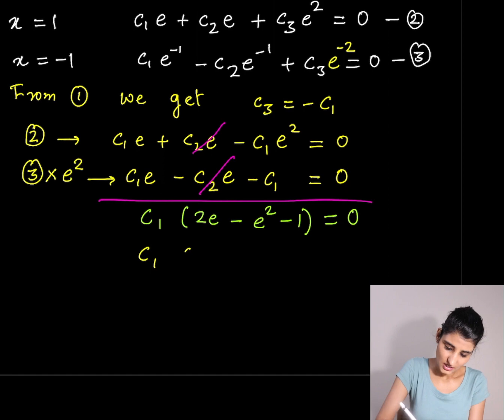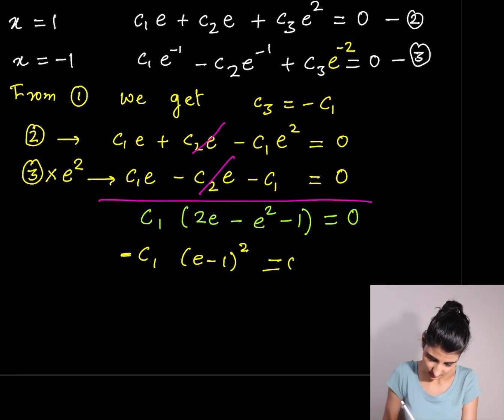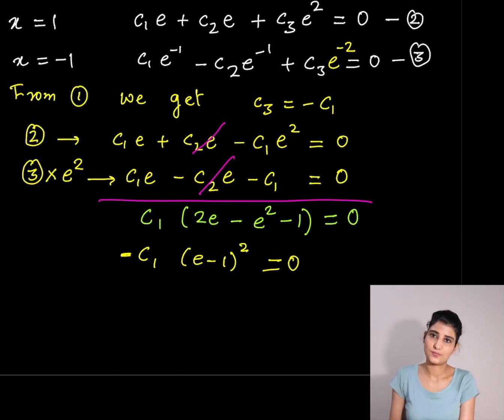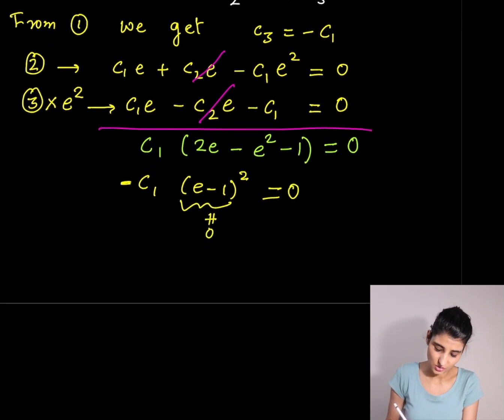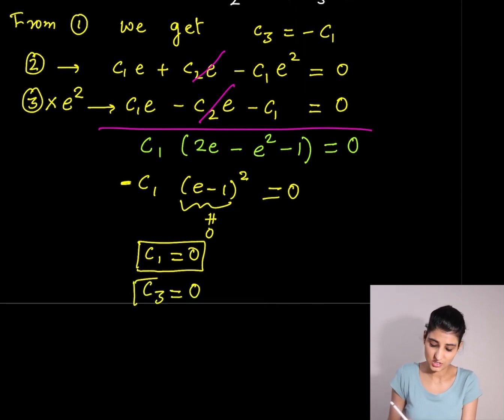If you see it carefully, this is basically c1 times negative of (e minus 1) square equal to 0. e is not equal to 1, so this is not equal to 0, and this implies c1 is equal to 0. If c1 is equal to 0, c3 is negative c1, so c3 is equal to 0.